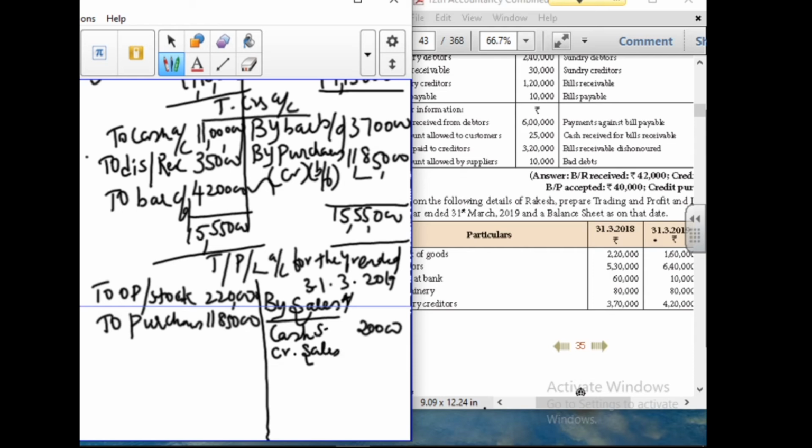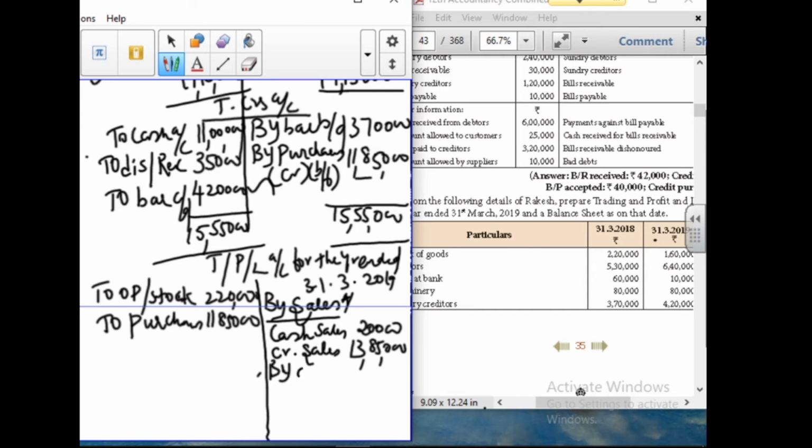This is cash sales, this is credit sales. Since I don't have space, I am writing it here, 13,85,000. Actually, you will present it in the accountancy notebook in the inner column. 20,000 plus 13,85,000, total you will write in the outer column.